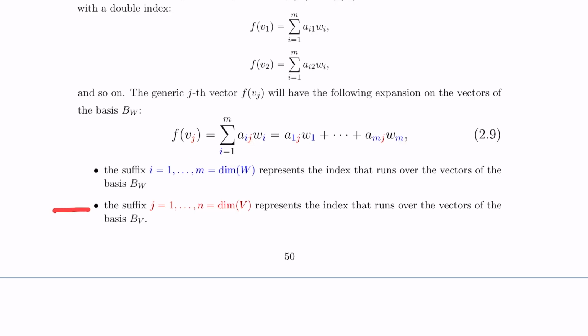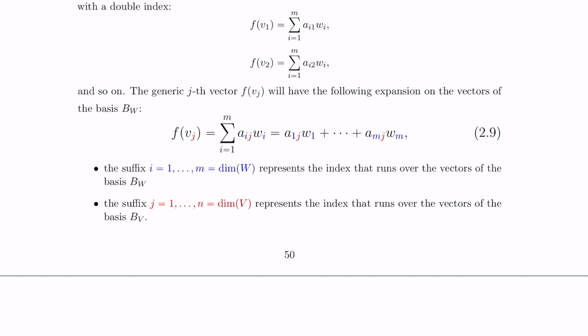The index j runs from 1 to n because n is exactly the dimension of V, and we have exactly n vectors in a basis of the vector space V. Instead, notice that we have to perform the linear combination with respect to the vectors of the basis of W. W has dimension m, and so the index i, which is the first one that is attached to the coefficient a, runs from 1 to m.